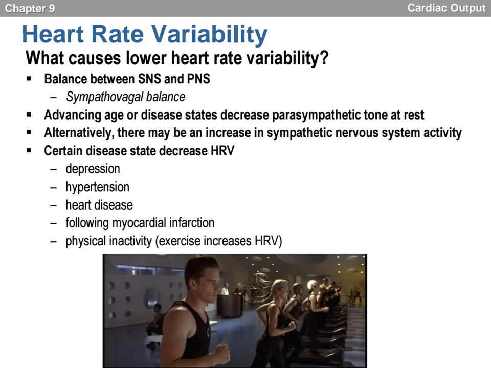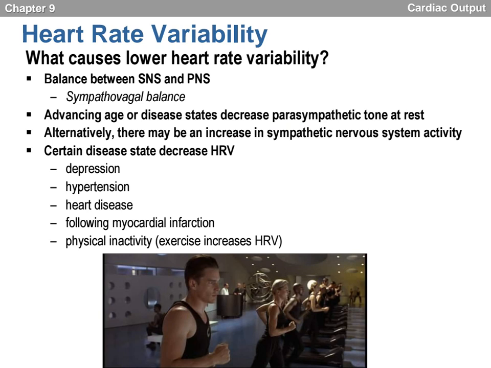Let's talk a little bit more about what causes the lower heart rate variability. Again, as I mentioned, there's a balance between the SNS, the sympathetic nervous system, and the parasympathetic nervous system. As a person gets older, or if they have a disease state, there will be a decrease in parasympathetic tone at rest. Remember, the parasympathetic nervous system should be relatively active when a person is at rest.